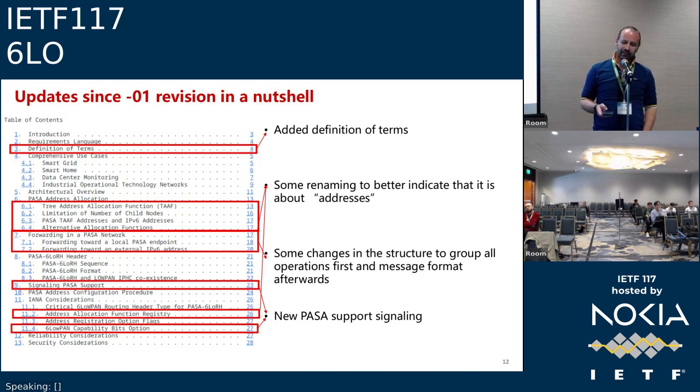We again added some renaming to better highlight that everything is about addresses and only about addresses, nothing more. We did some restructuring, so we changed the structure again, to group all the operations in the first part of the document, and then all the formats of the different options and messages in the second part.